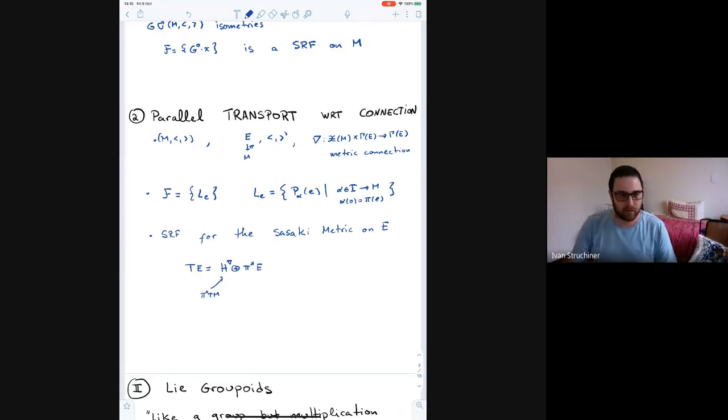So this has a natural metric coming from the metric on M. This has a metric, which is the fiber-wise metric on E. And you declare these two to be orthogonal. Okay, so this is an orthogonal decomposition. This gives you a metric on E. And for this metric, the foliation given by parallel transports along paths for the connection that you have is a singular Riemannian foliation.